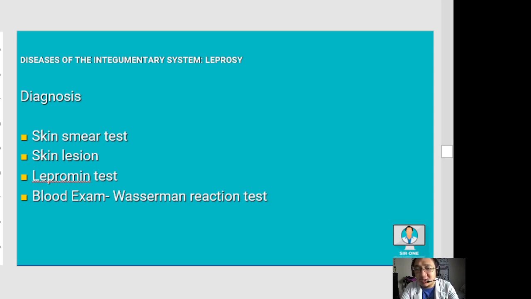Okay, and your skin smear test can be used as a diagnostic modality in the following disorders like leprosy. Okay, so this is a screening procedure for all patients in whom the diagnosis of leprosy is suspected.